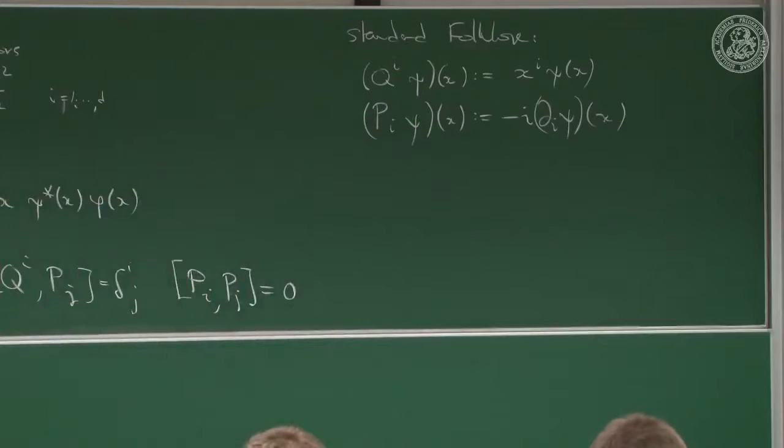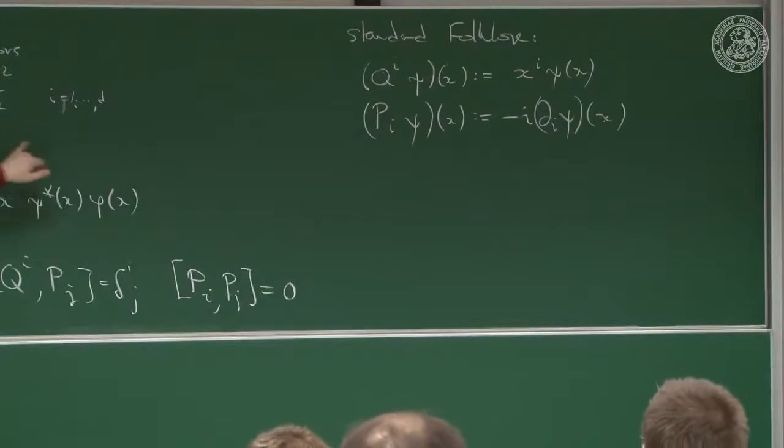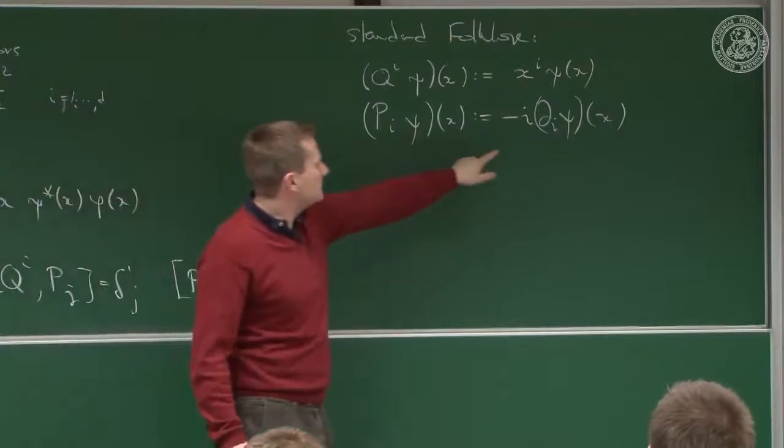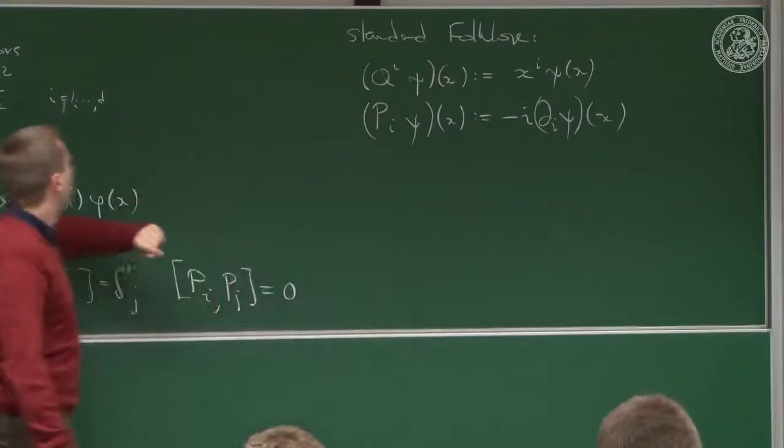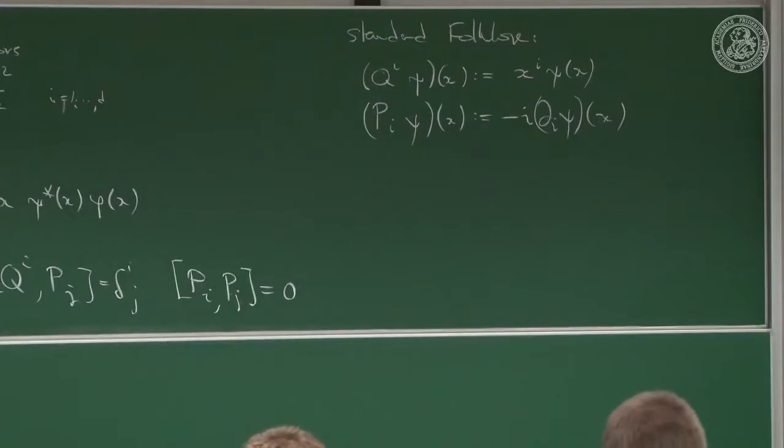Now, the problem with this folklore is that if you have a square integrable function and you differentiate it, well, can you differentiate any square integrable function? No, you can't, because you could have a function that just consists of little boxes, and that can't be differentiated at every point.